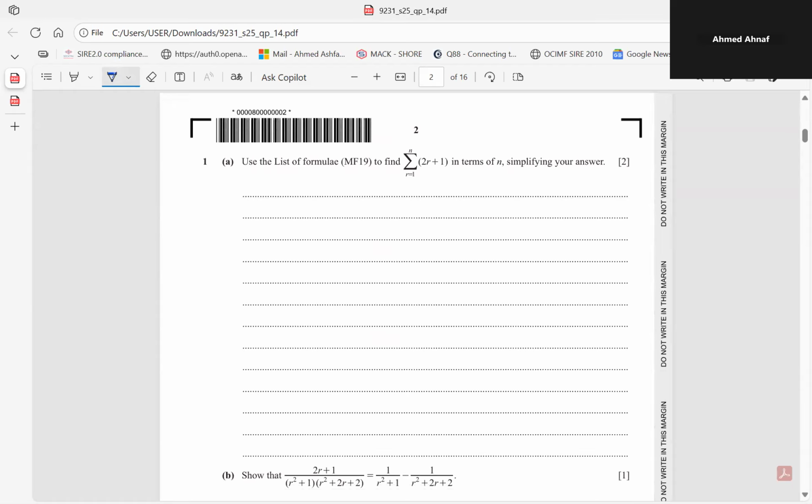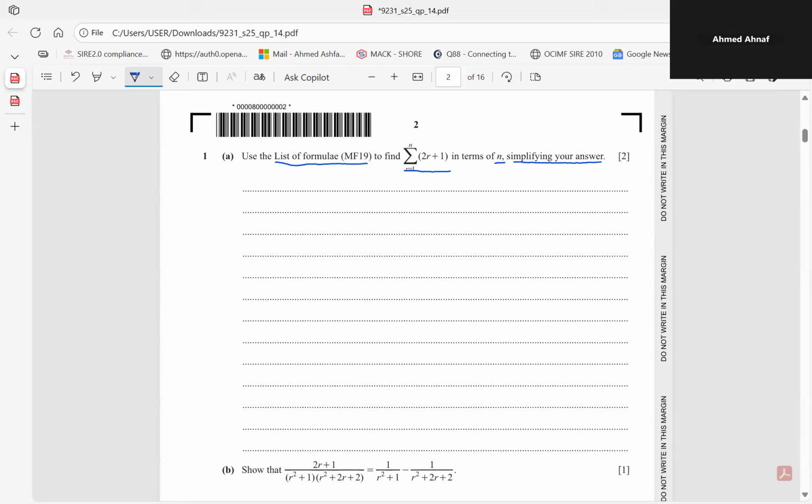Okay, so for the first question, we have to use our MF19 to find this expression in terms of n, and we also have to simplify our answer. So in order to do this, let's first write down this summation in full.